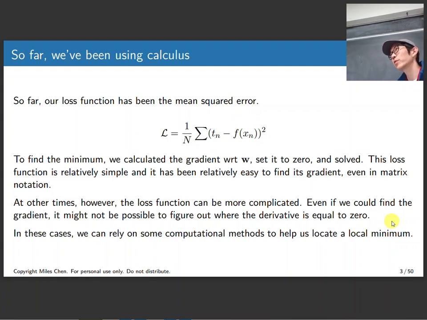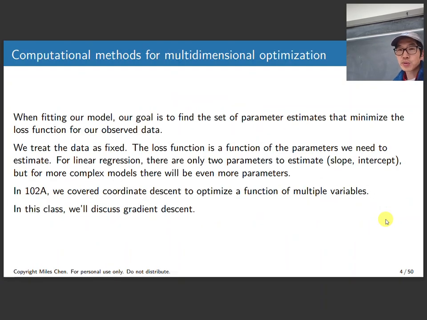You can multiply by inverses, but that only works for certain matrices, and so it can get tough. So we're going to take some computational approaches.